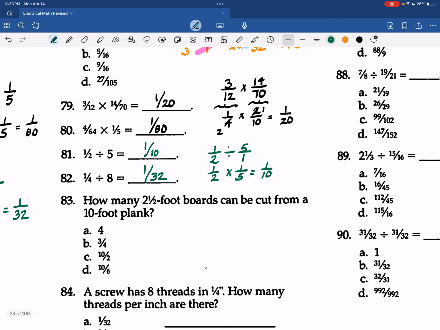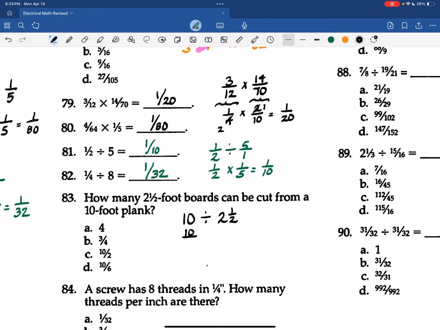How many 2.5-foot boards can be cut from a 10-foot plank? So we're going to take the 10 feet and divide that by 2.5. So 10 over 1 divided by, you got to do this number, 2 times 2 is 4, plus 1 is 5 over 2.